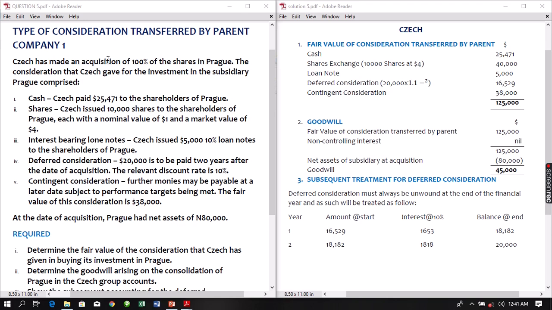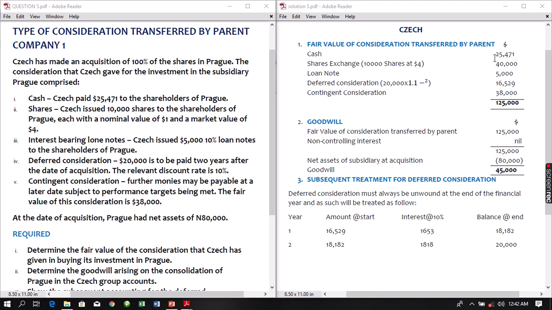Types of consideration can be five, and in this question, all five are present. The first one is quite straightforward. Coming to this place, we are told that we paid cash of $25,471. No adjustment, straightforward.